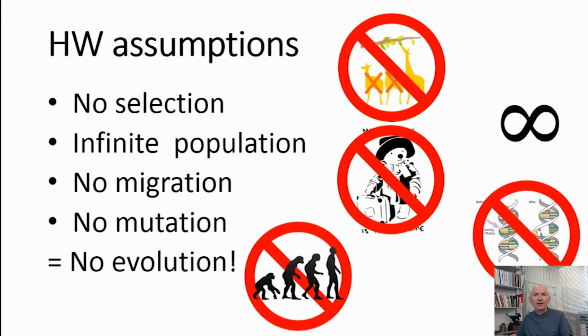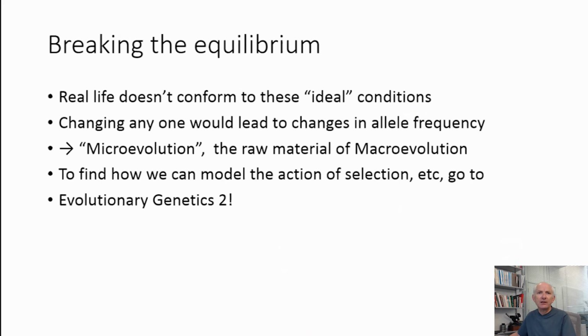What we might want to ask ourselves is, can we use any of those equations, monkey around with them, to try and figure out what might happen if there was some selection, or the population wasn't infinite, or there was some migration, or there was some mutation? What would be the effect on evolutionary processes?